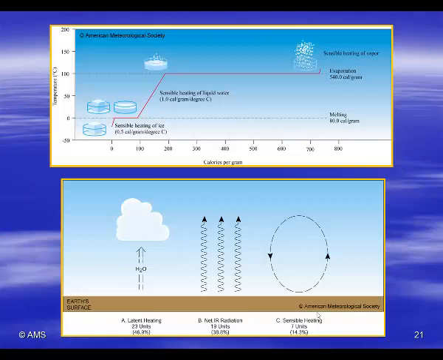This is a graph that shows what happens. Let's say we take a chunk of ice that's colder than 0 degrees, and we start to add heat to it. What will happen is we'll warm up the ice.